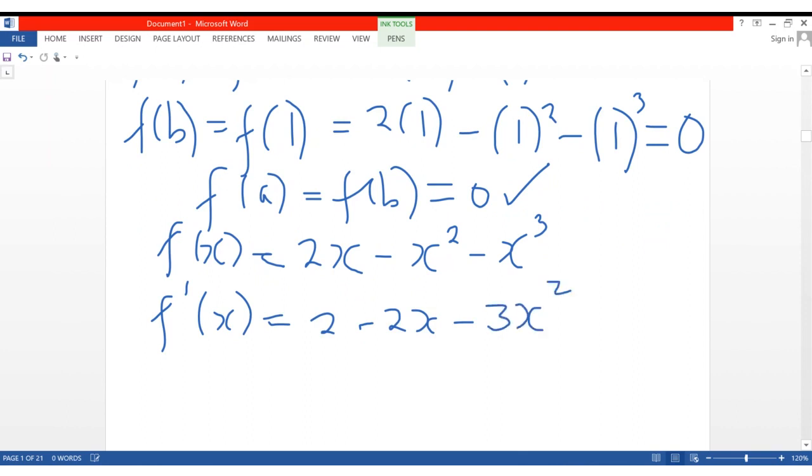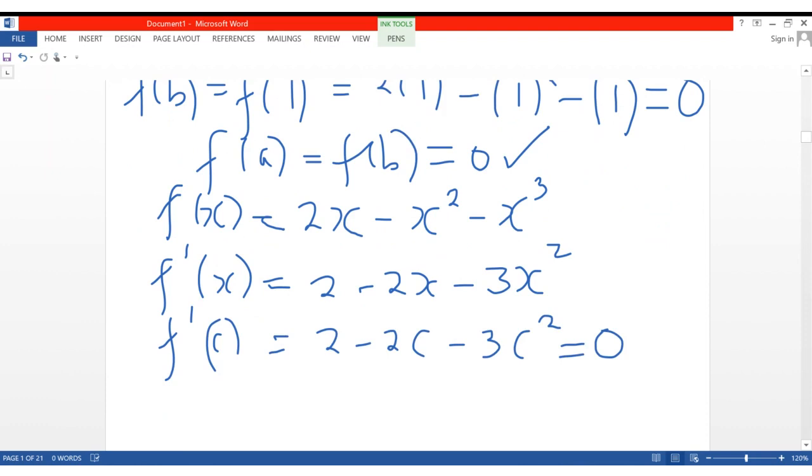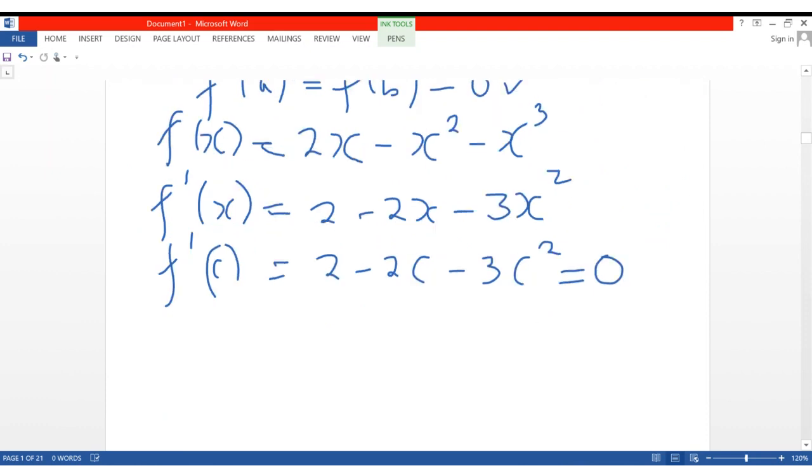So we get f prime of c, where there is an x we replace with c, 2 minus 2c minus 3c squared. And this one we always equate to 0. This has become a quadratic equation that I need to solve. Let me rearrange it in a better way.